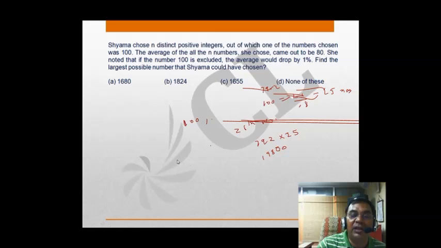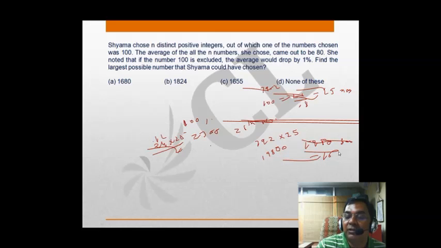Now the sum of the first 24 numbers is 24 into 25 upon 2, which is 12, 300. Obviously, 1980 minus 300 becomes 1680. I'll mark this answer and move off.